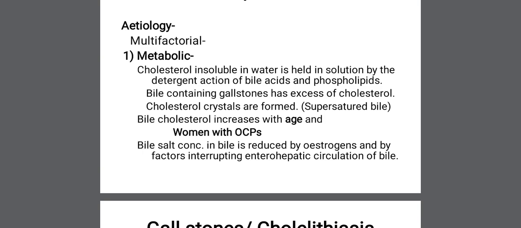Bile cholesterol increases with age and in women taking OCPs, that is oral contraceptive pills. Then the concentration of bile salts in bile is reduced by estrogens, and also by factors which interrupt the enterohepatic circulation of bile.